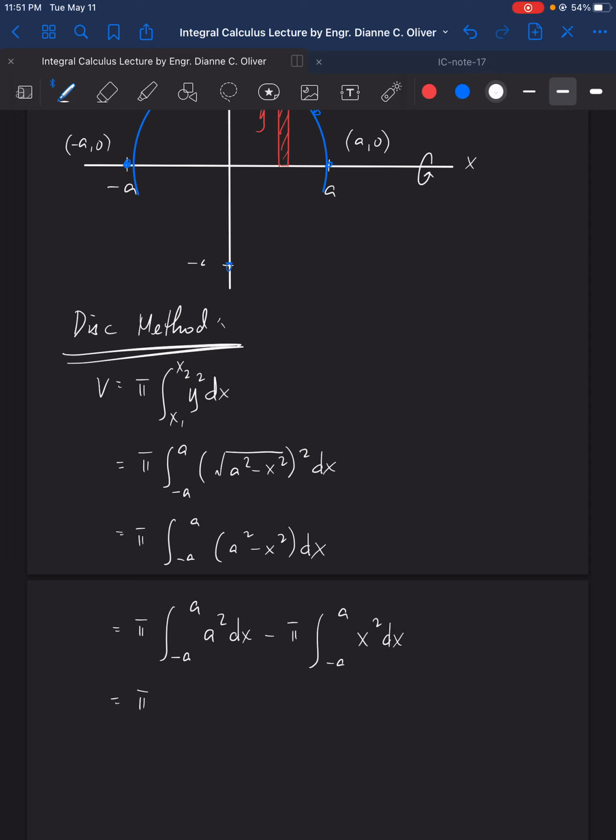We have pi a squared x from negative a to a, minus pi x raised to 3 over 3, from negative a to a.